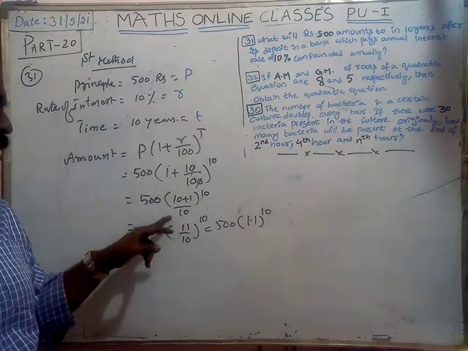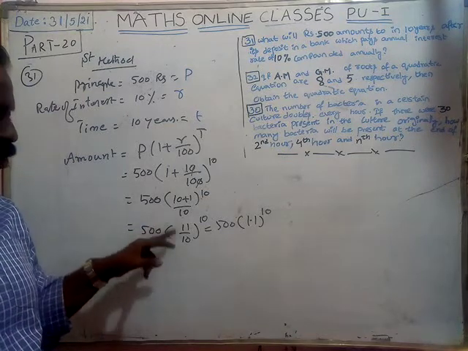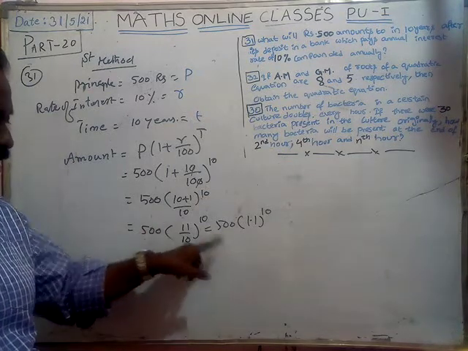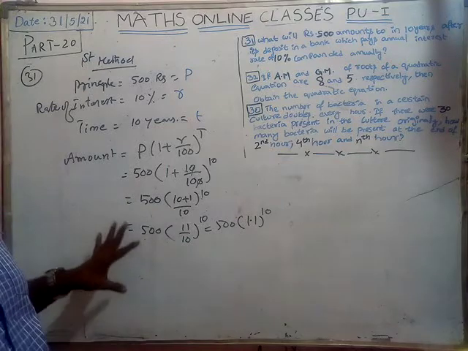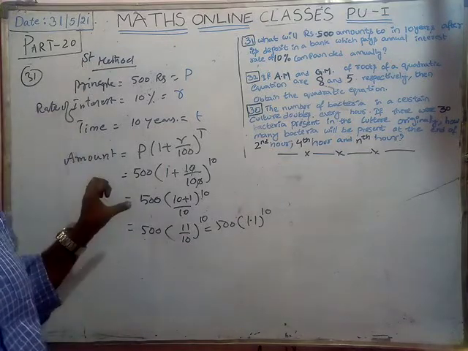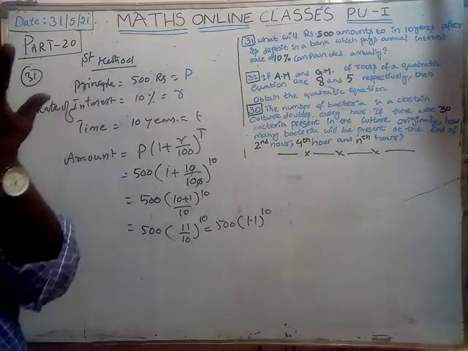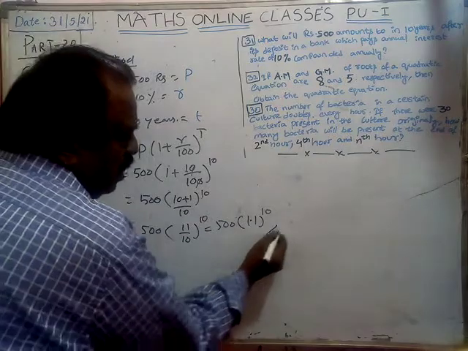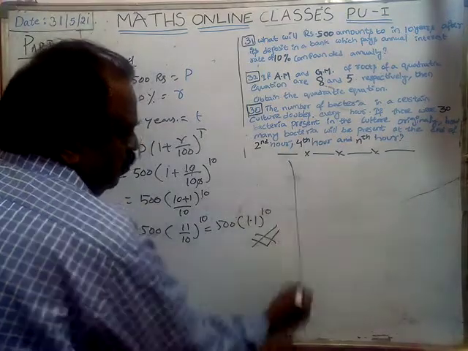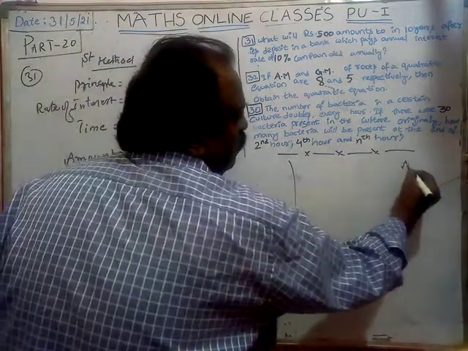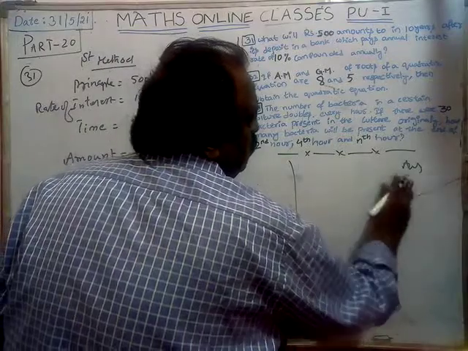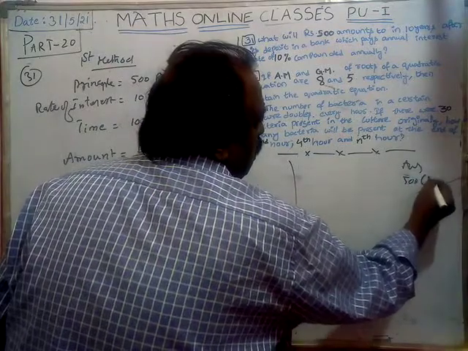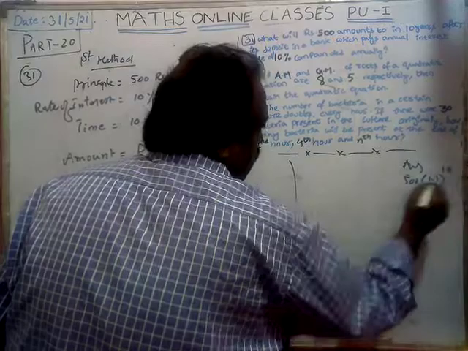Like this only. This is the correct answer. But it is business mathematics, and we have to solve it. This is the answer, you remember. Answer is 500 into 1.1 power 10.